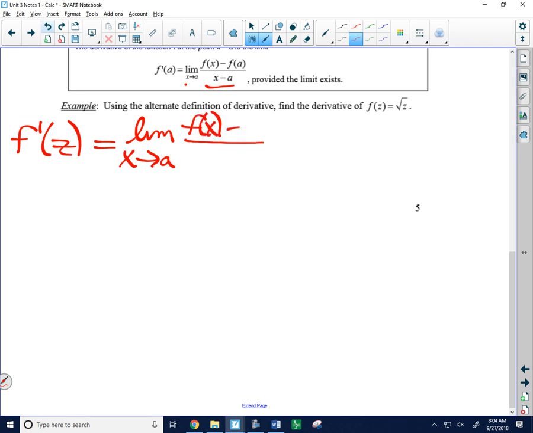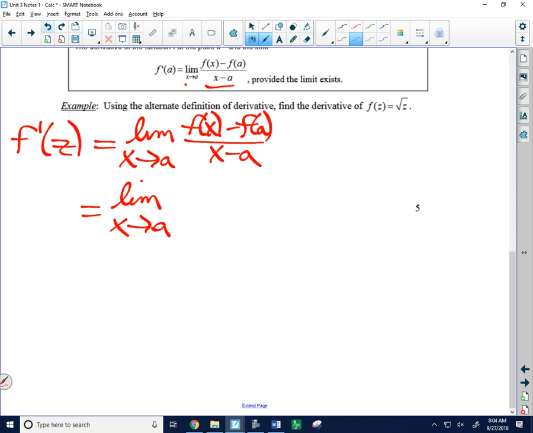The limit of f of x minus f of a over x minus a. So we'll plug those in, and then once you cancel things, you plug in a. Like it used to be h approaches 0, you plug in 0. X approaches a, you plug in a.